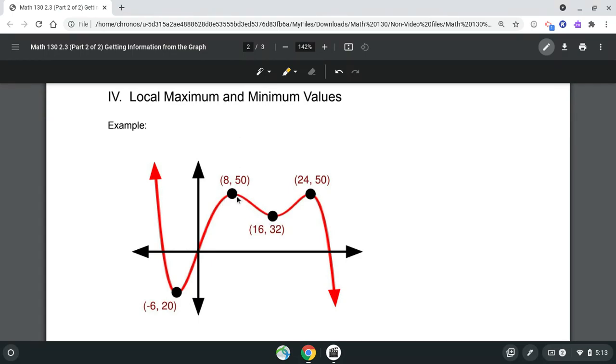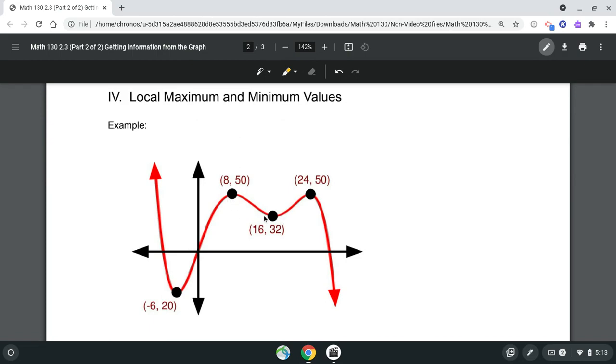So if we look at just that little neighborhood, if I draw a little circle around here and ignore the rest of the graph and zero in on this tiny neighborhood around this point, then that would be the highest point in this neighborhood. Same thing here.